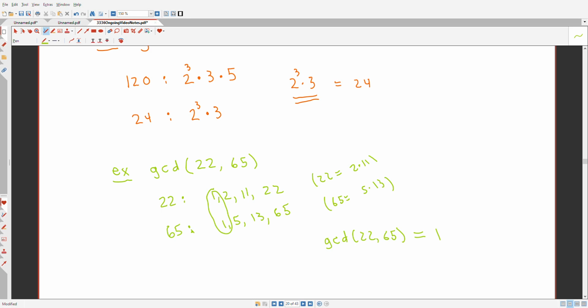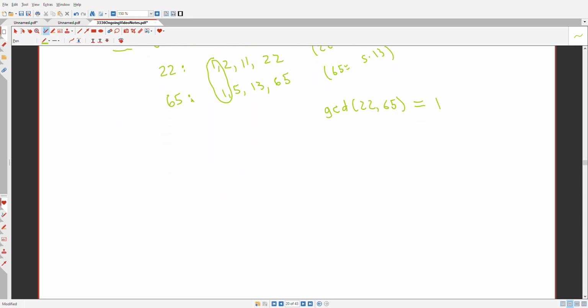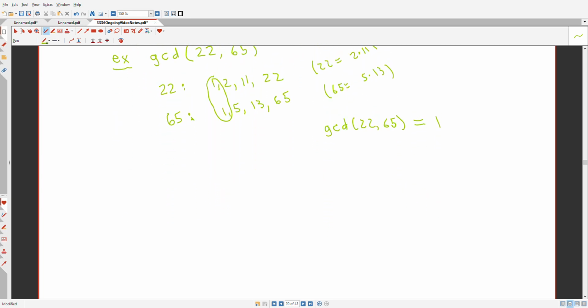Okay, so actually this green example reminds me that we need one more definition. It's almost like this was planned.